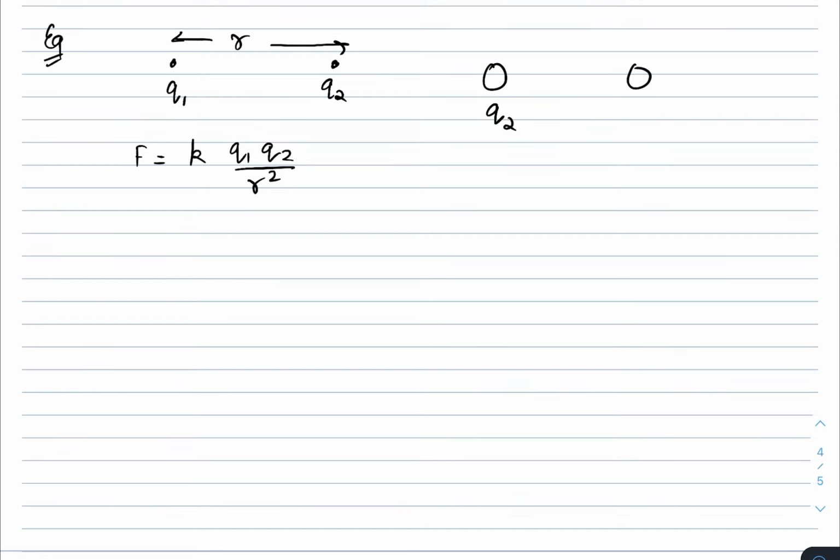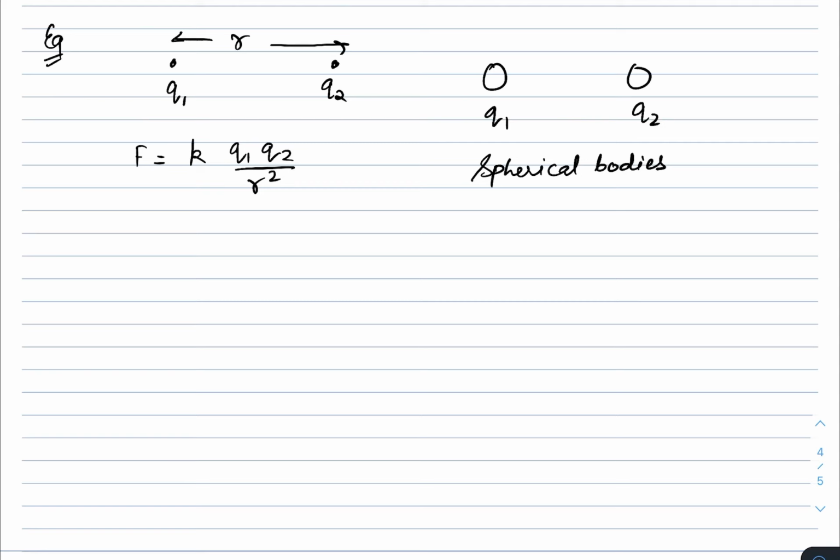Again, let us take another example. I have taken two charges, say q1 and q2, kept at a separation r, and the force can be written as k q1 q2 divided by r square, right? Now if I replace the point charges with two bodies, say two identical spherical bodies, now q1 and q2 are nothing but spherical bodies.